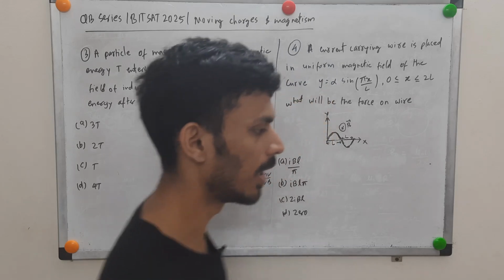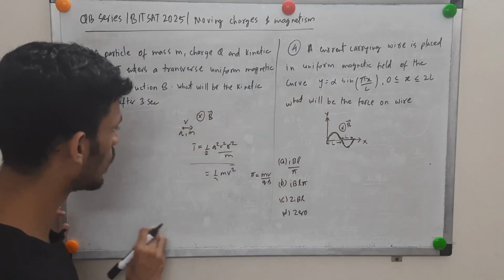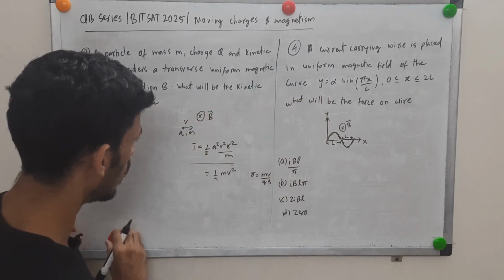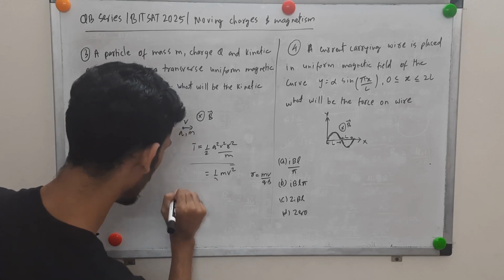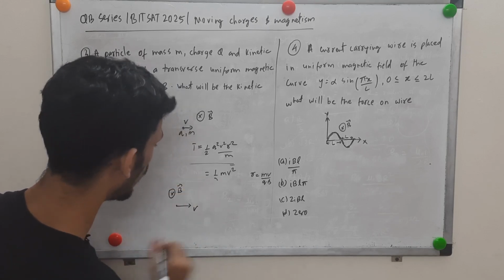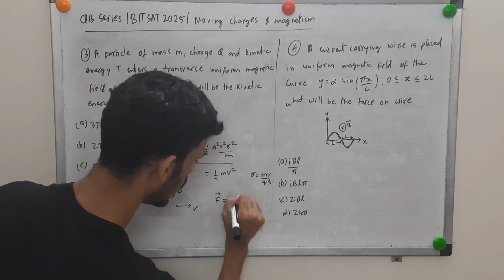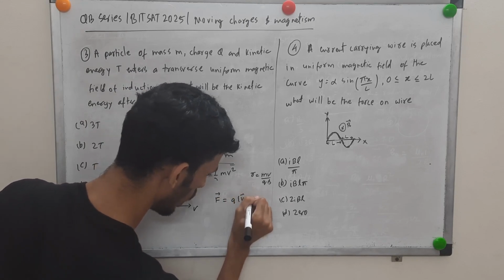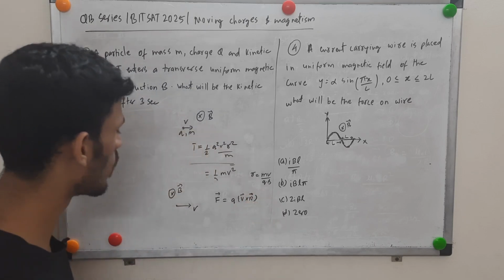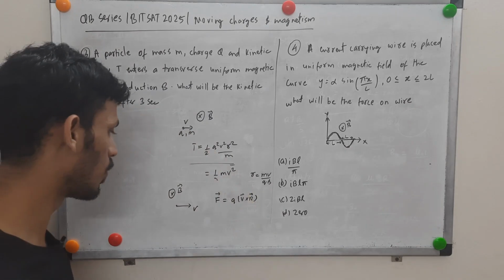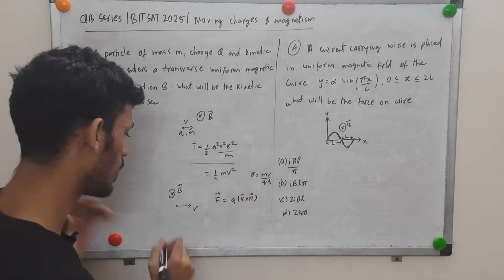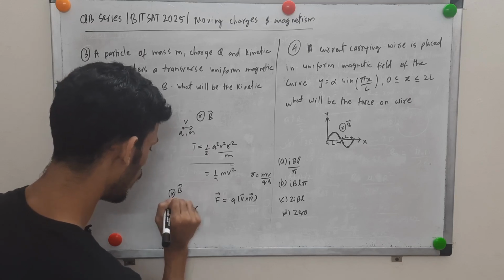Or rather the better way to understand this is, if you have a particle which is moving with velocity v, and the magnetic field is like this, what direction is the force? F is equal to q v cross B. So v is in this direction, B is inward, so v cross B is upward.